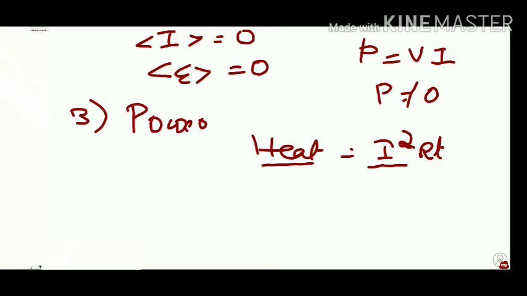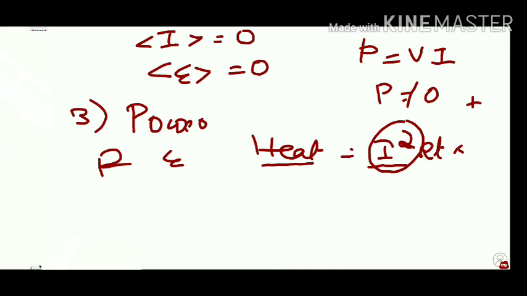Even when the current is negative, I squared will be a positive quantity. So when I am dealing with heat, energy or power, it is never equal to 0. Clear? Now we'll prove that. I'm damn sure that it is not equal to 0. We'll prove that now.